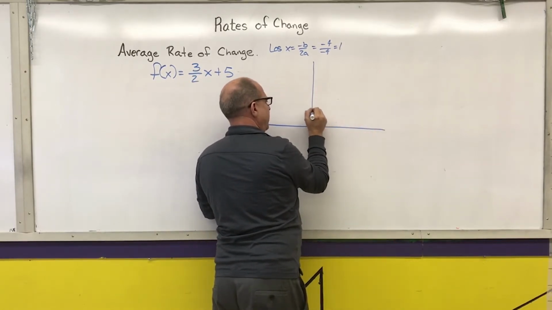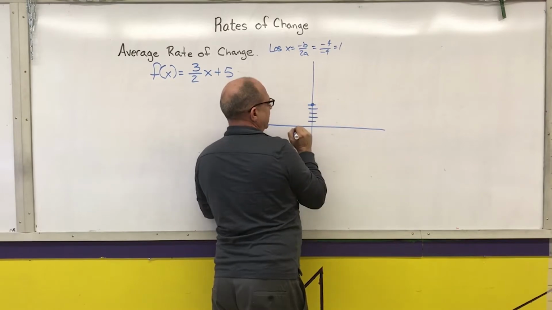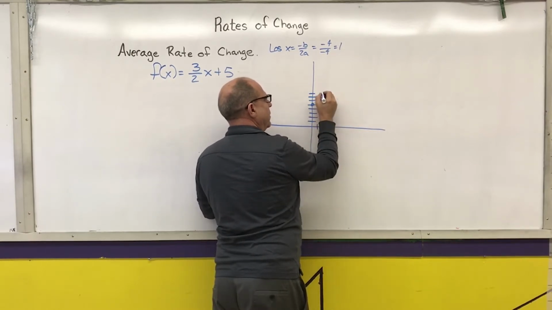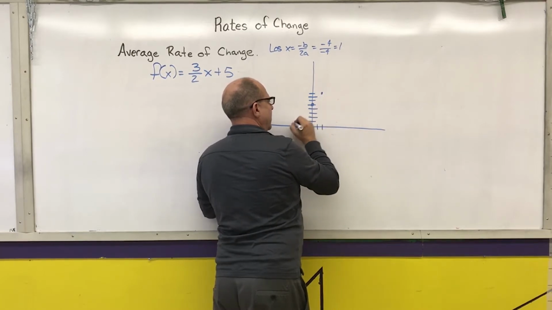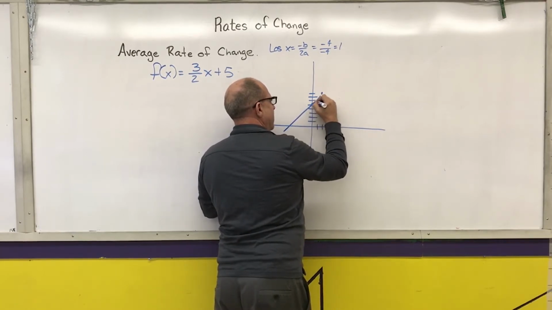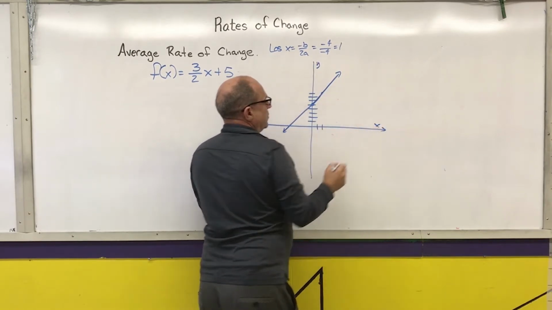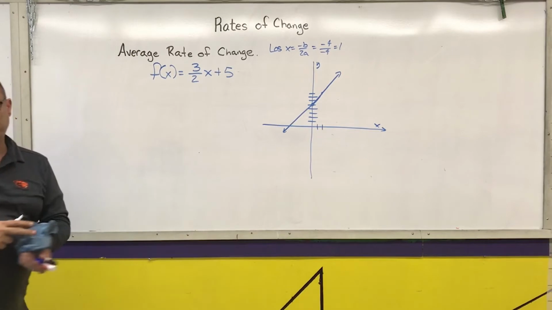One, two, three, 4, 5. Then it says to go up 3, 1, 2, 3, and 2 to the right. So that would be a sketch of the graph of the function.